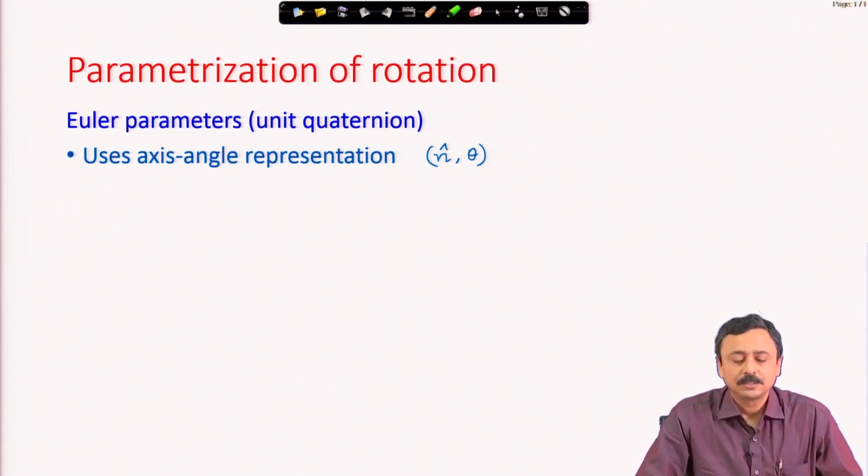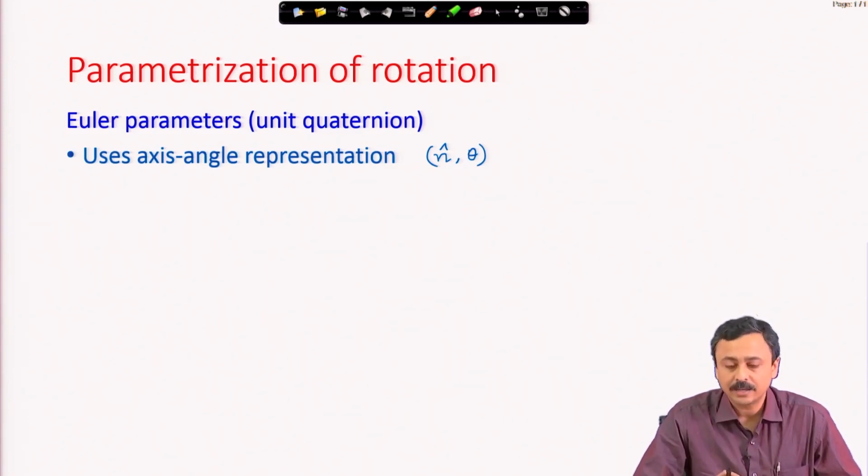Euler parameters, they are also known as unit quaternions. As the name suggests, quaternion, there must be 4 parameters. This uses the axis angle representation. Given a unit vector n cap and a rotation about that vector, we have seen how to represent a rotation matrix.